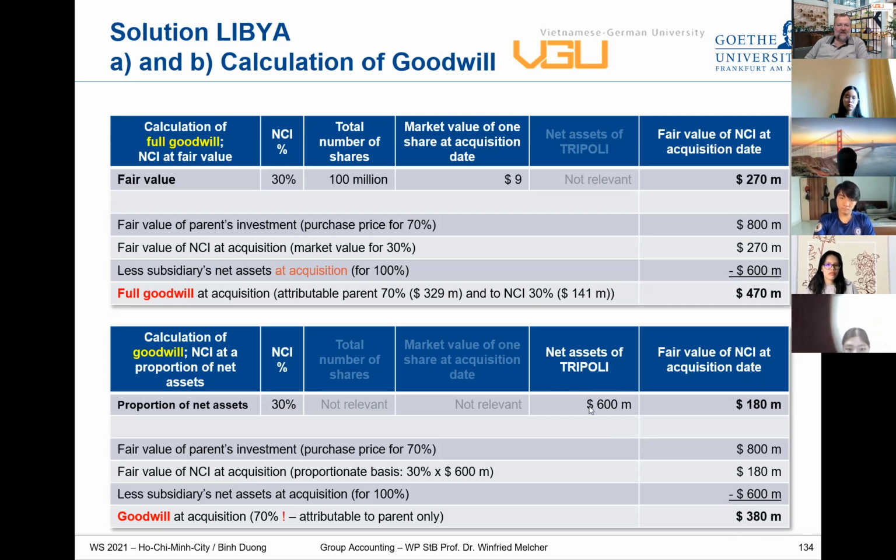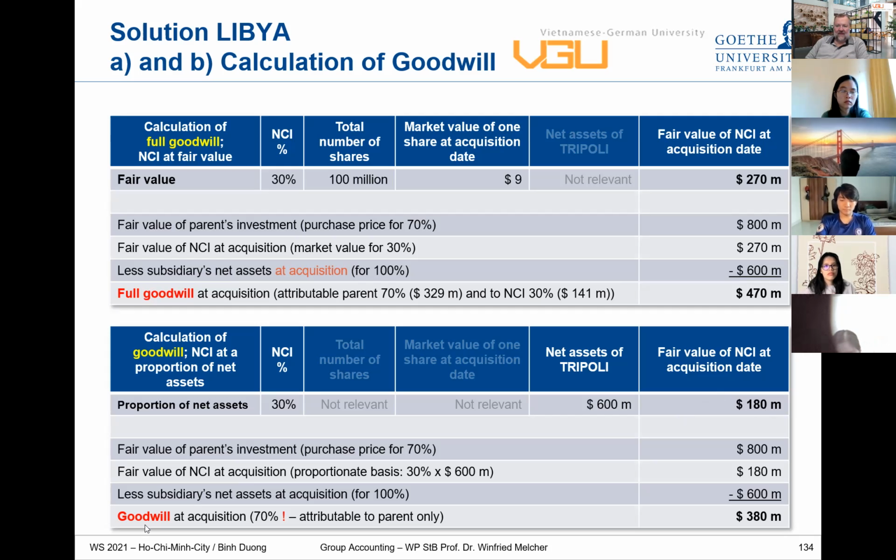We don't have a market value for these shares. We only took the net assets of the investee to come up with a fair value for that, but that does not include any premium that would be paid on the market, and therefore we would not consider this to include a portion of the goodwill for the NCI.